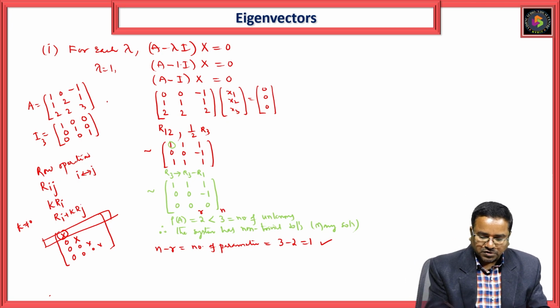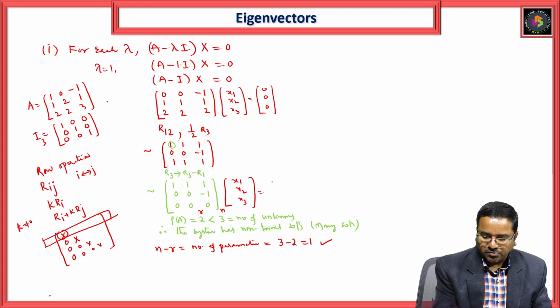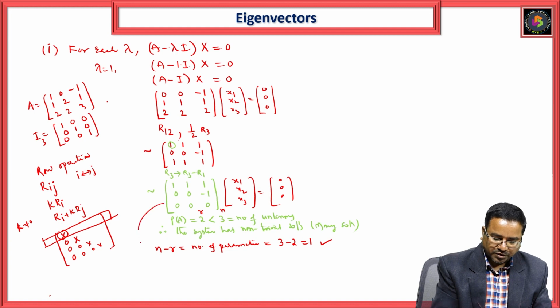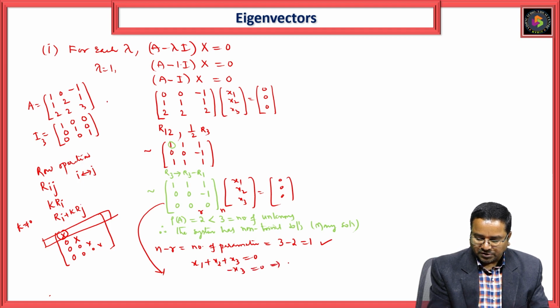Now from this, with X1, X2, X3 and 0, 0, 0, multiplying out, we get x1 plus x2 plus x3 is equal to 0, and minus x3 is equal to 0, nothing but x3 is equal to 0.